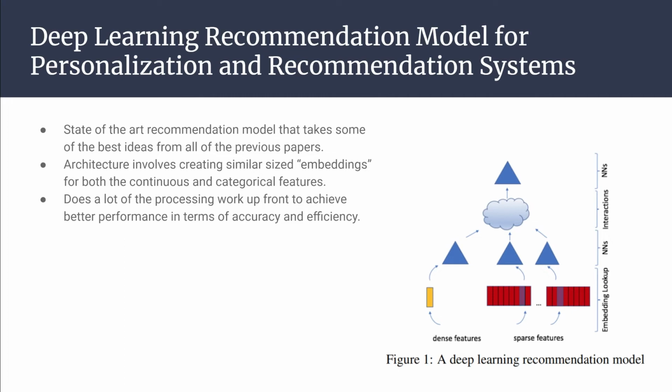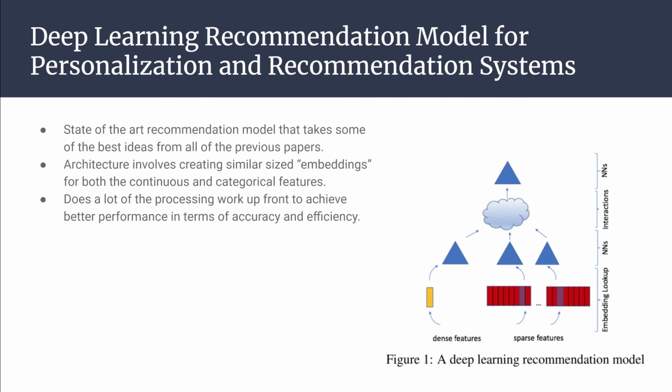One of the first things you'll notice is that the sparse features, the categorical features, and the dense features are actually not being fed to each of the components of the model, which is a departure from the previous 3 approaches that we saw.